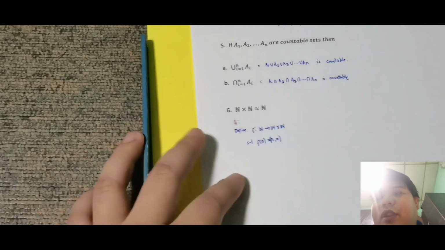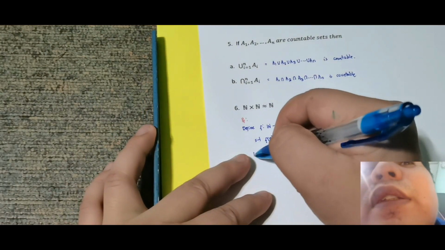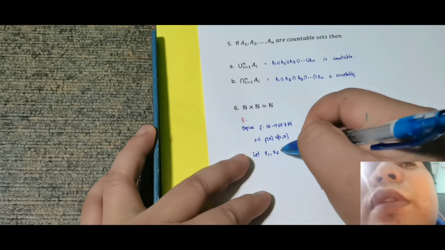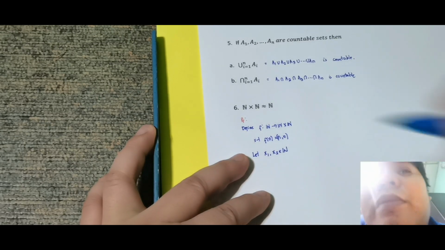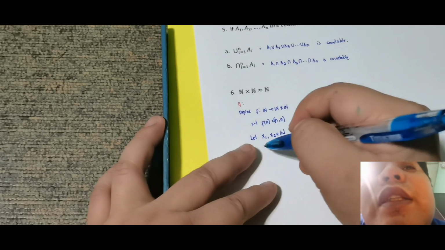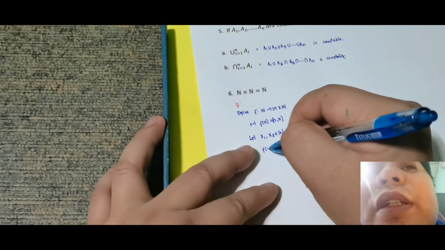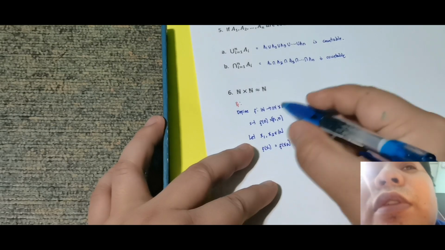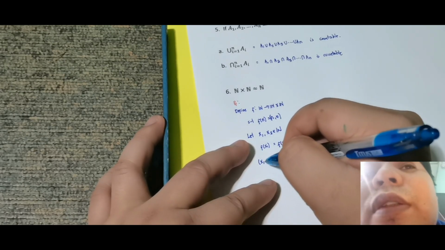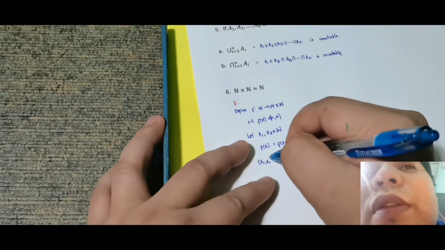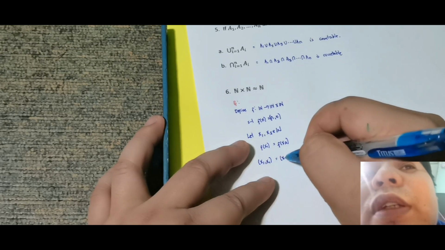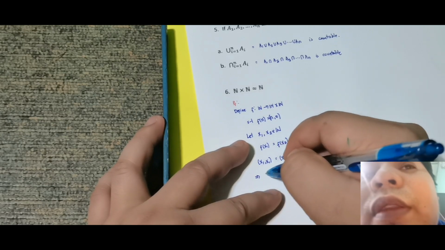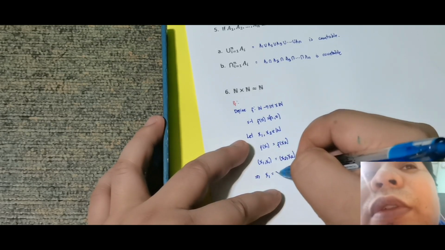Okay, so dito, let natin, so let x sub 1 and x sub 2 element of natural number. Okay, so this implies that f of x sub 1 is equal to f of x sub 2, which implies that x sub 1 comma x sub 1 is equal to x sub 2 comma x sub 2, which implies that x sub 1 is equal to x sub 2.